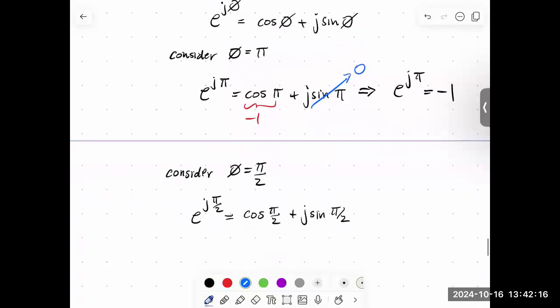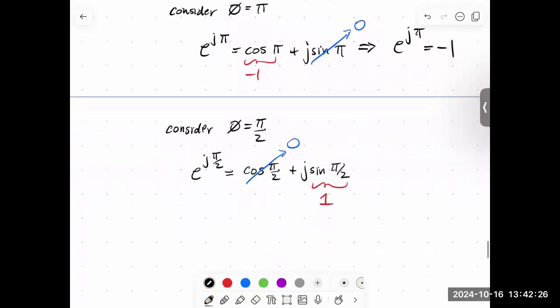What's cos of pi by 2? What's sine of pi by 2? 1. Okay, so we have a different version of a similar kind of thing. We could say e to the j pi over 2 is equal to 1. Sorry, it's not 1. What's it equal to? j. It's 1 times j, or just j.